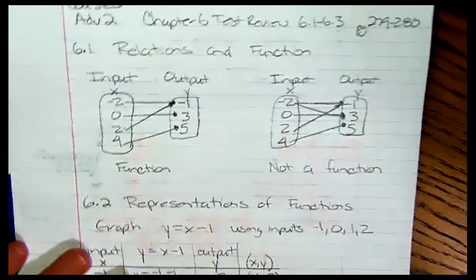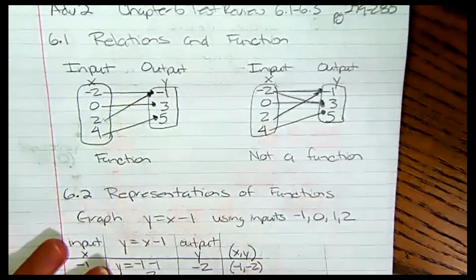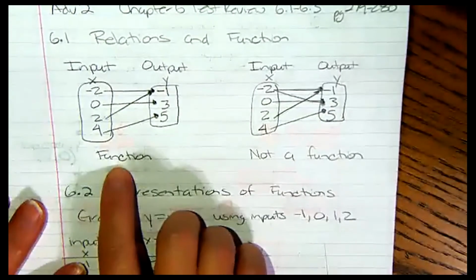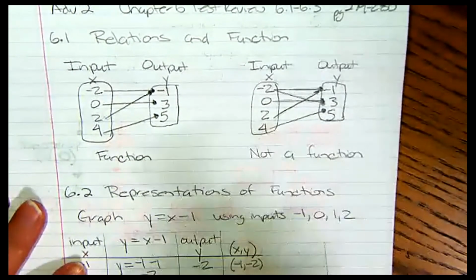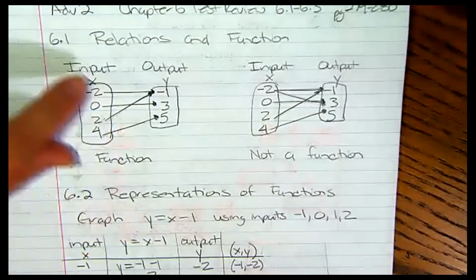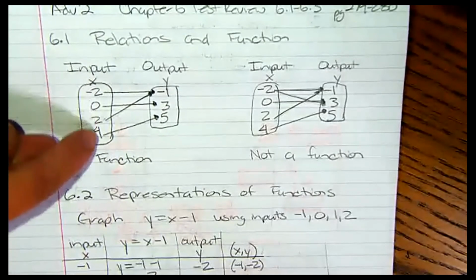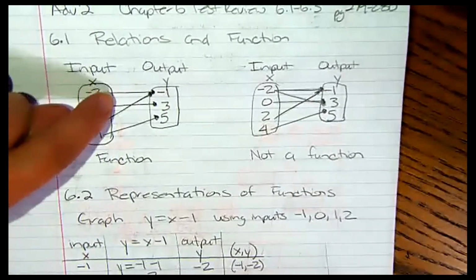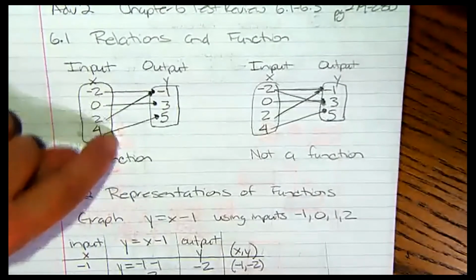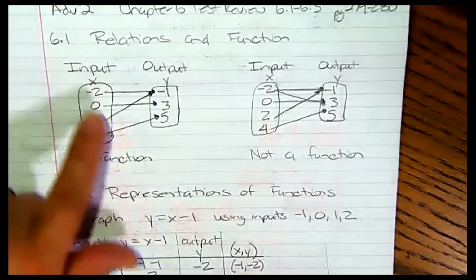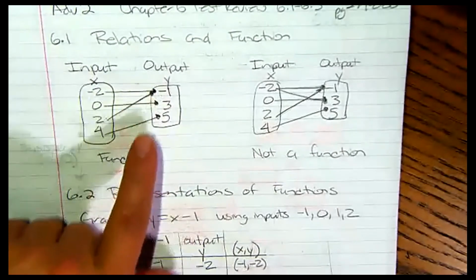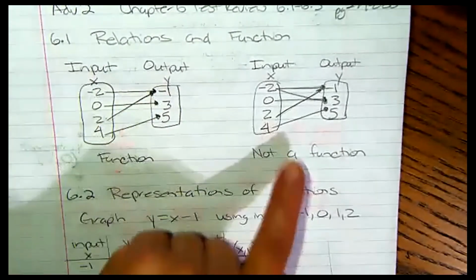So you need to decide if what they give you is a function or not a function. Remember to count the inputs and the arrows. 4 inputs, 1, 2, 3, 4. 4 arrows, 1, 2, 3, 4. This is a function because every input has only one output.